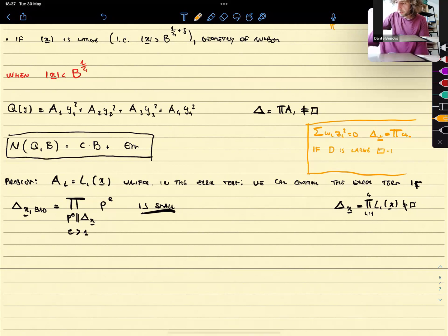D is a large squareful number dividing the discriminant, then you can find a large squareful number E dividing D, such that E divides omega_i for some i.